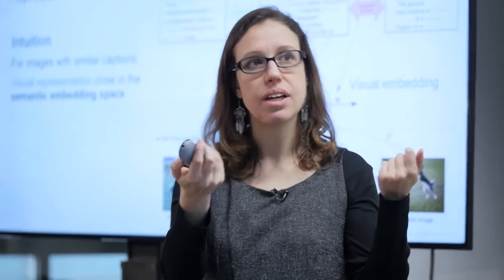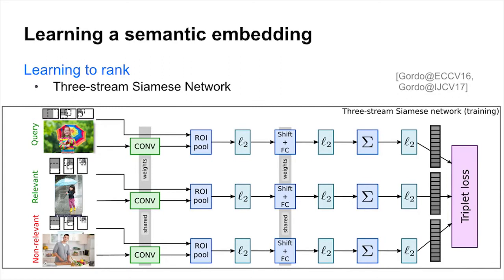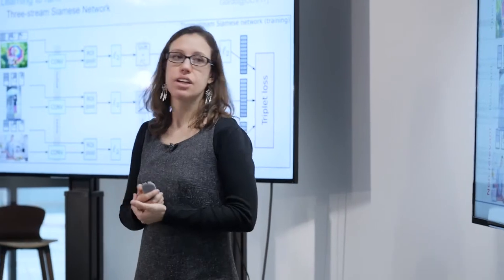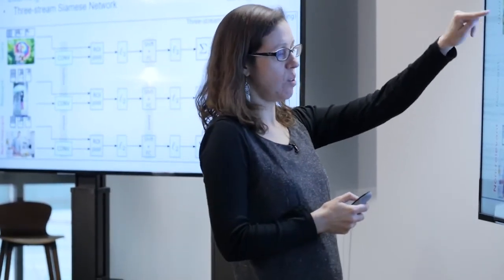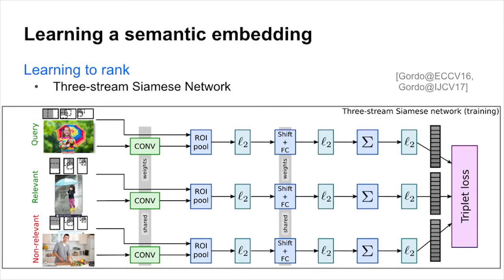What does it mean in practice to ask these images to be close, and what is this phi? Well, this is going to be very similar to what I presented in the first part. Again, we're learning to rank. We are going to leverage this 3-stream Siamese network. So this is a training architecture that looks at 3 images at the same time: a query, a semantic query, a relevant image and a non-relevant image.